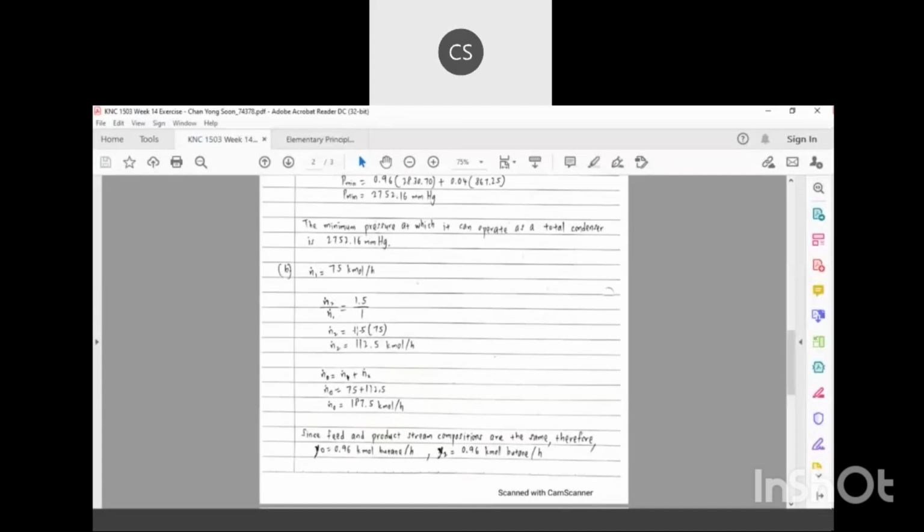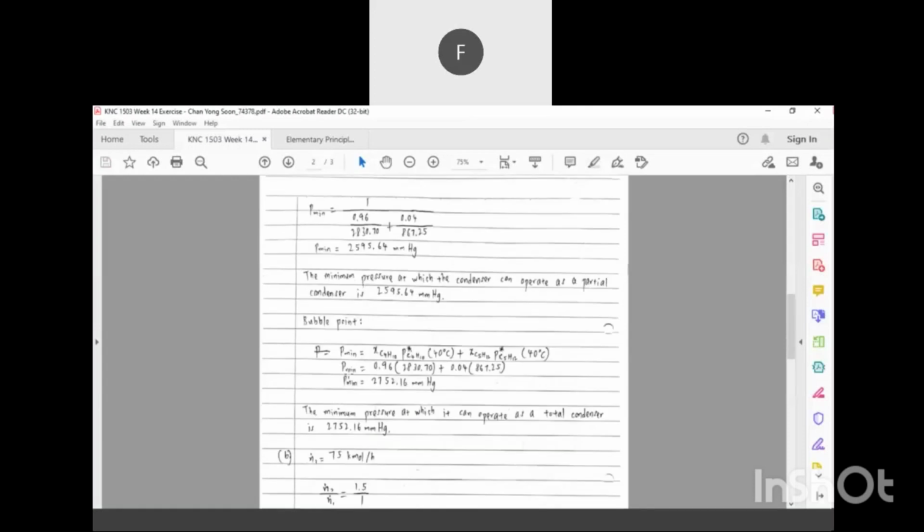So 1.5 times 75 equals 112.5 kilomole per hour. That is the molar flow rate of the reflux. Okay.